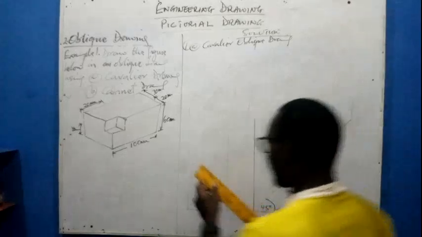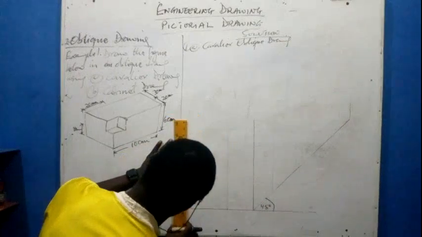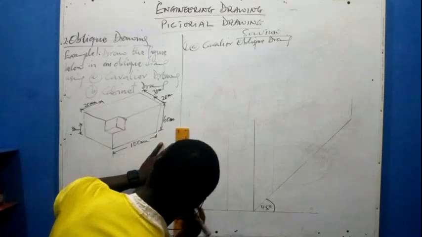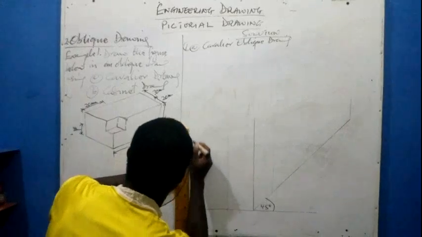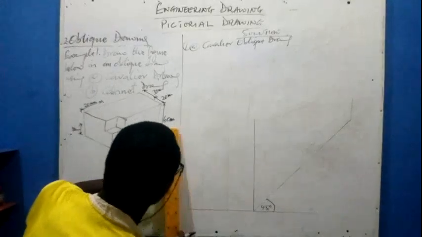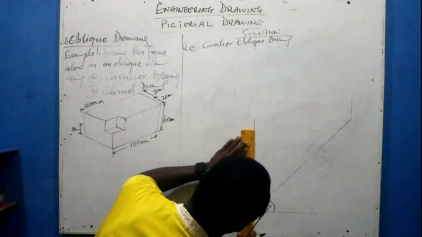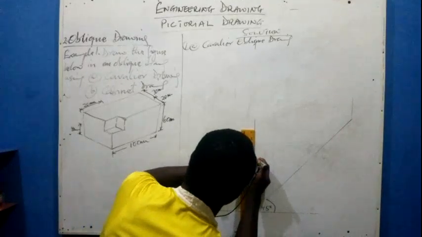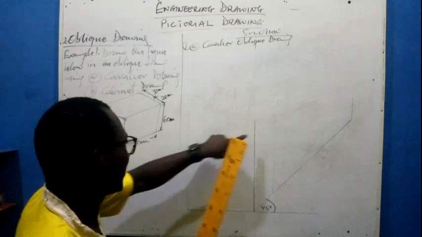I'll measure the total 60. My 40 down, 20 up. I'll do the same thing onto the intersection of the vertical line, my 40, then I'll join them.